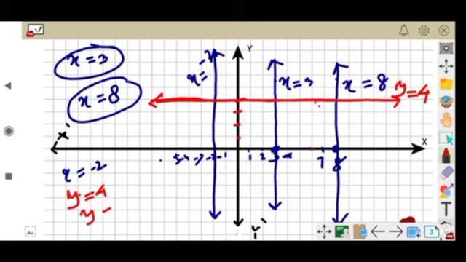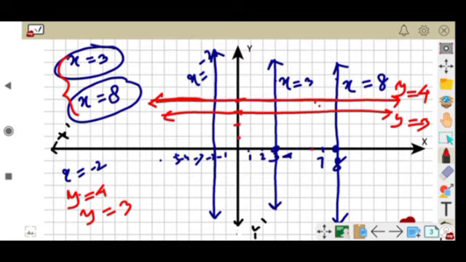When y is 3, it will be here, and this is y equal to 3, and this line will be parallel to the x-axis. So now we have seen very clearly, when it is given in terms of x, the line will be parallel to the y-axis, and if it is given in terms of y, the line will be parallel to the x-axis. Now we'll move to the exercise.